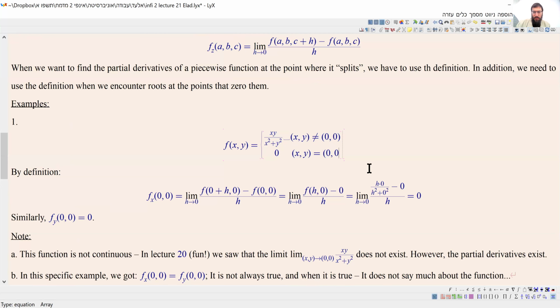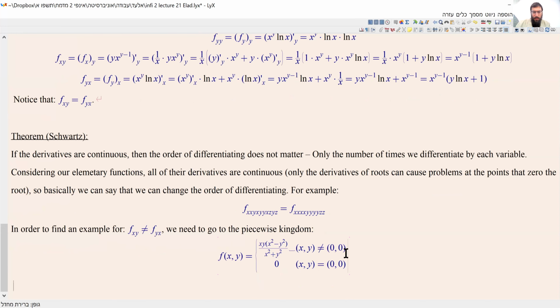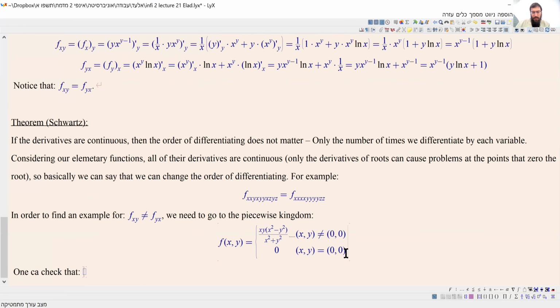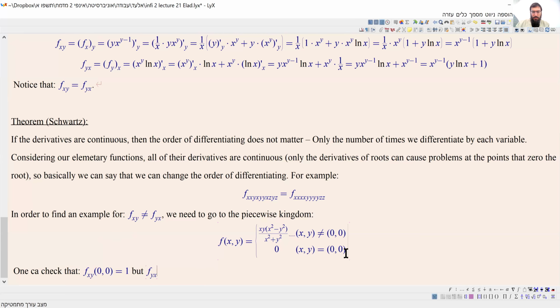I'm missing the parentheses here. It is multiplied by x squared minus y squared. One can check that the derivative xy at 0, 0 is 1, but the derivative yx at 0, 0 is minus 1.